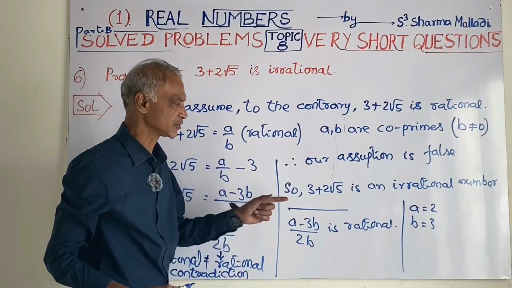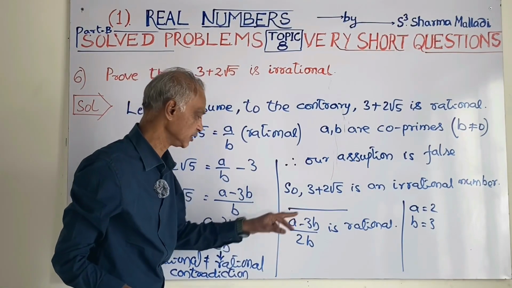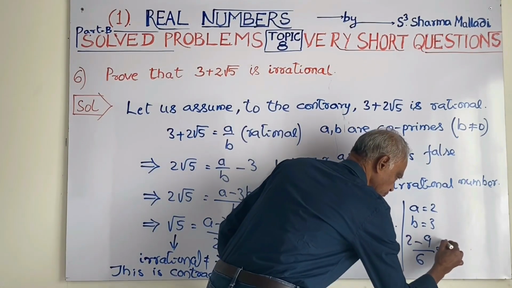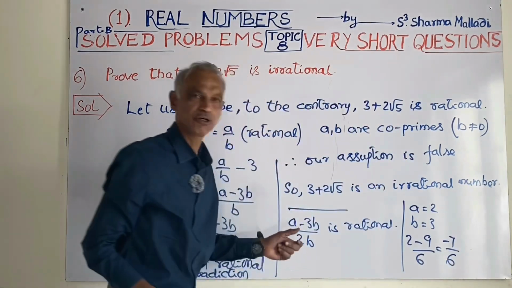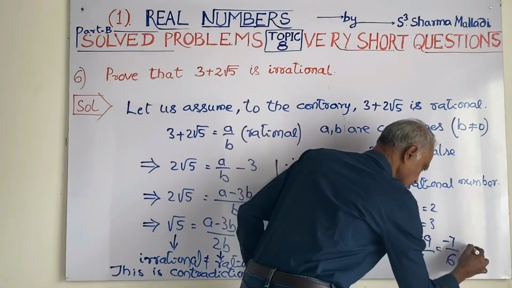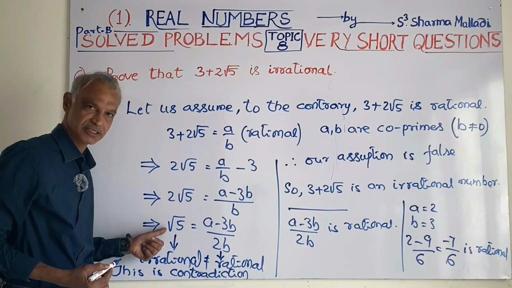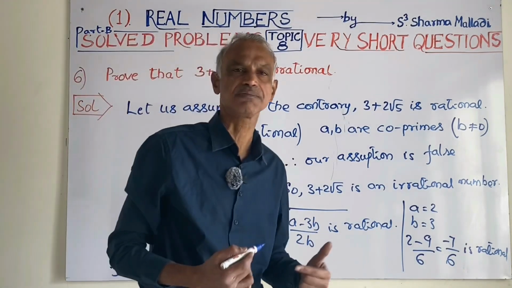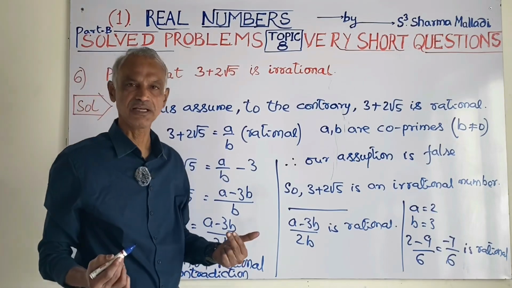Substitute the values in this one, you will get a rational number. 2 minus 9 by 6, that is minus 7 by 6. Minus 7 by 6 is rational. You see, this is irrational and this is rational. This is a contradiction. Our assumption is false. Therefore, 3 plus 2 root 5 is an irrational number.